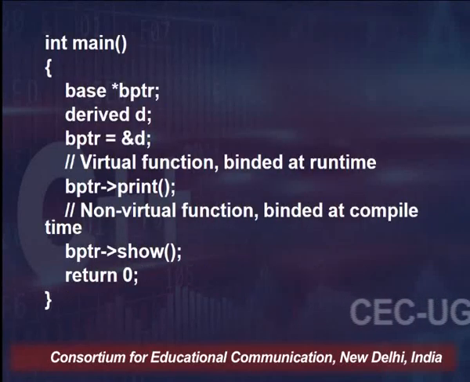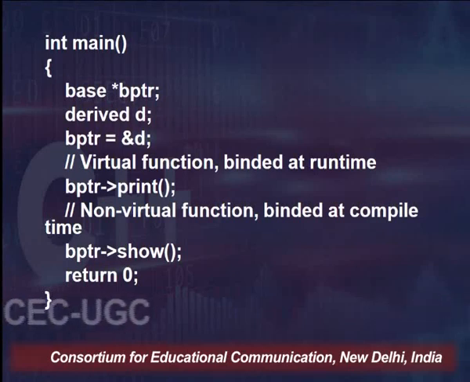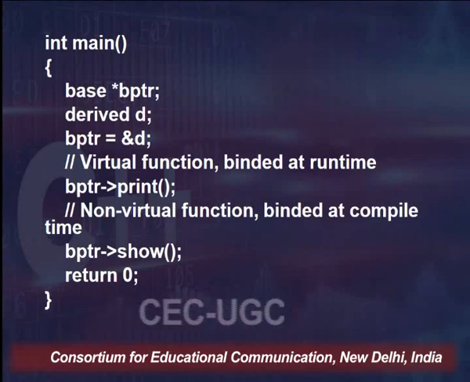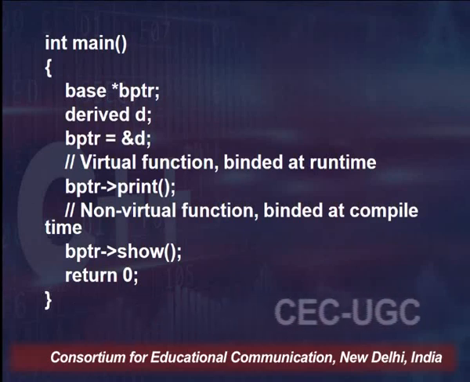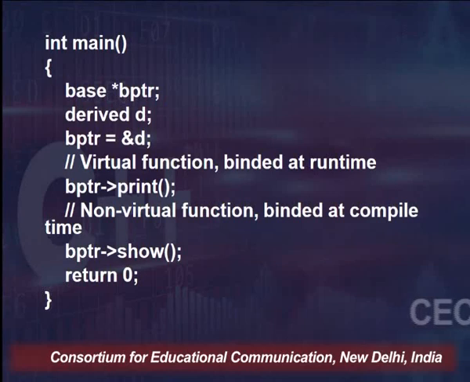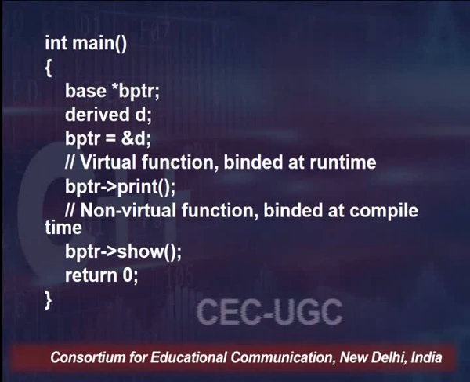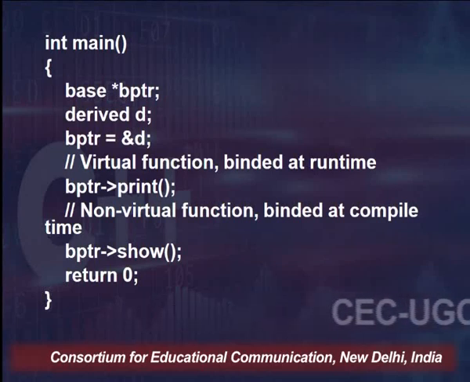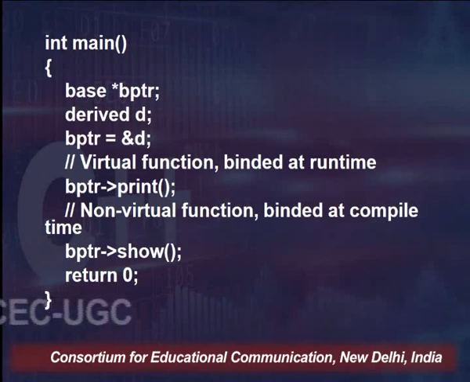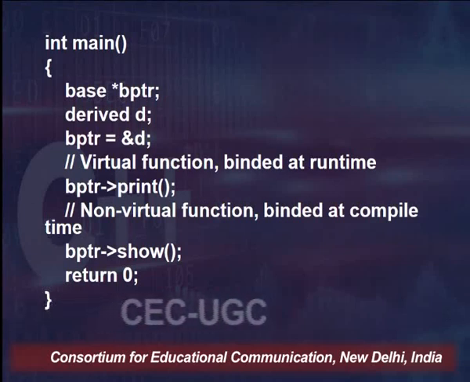What next? Within the main function, as you can see on the screen, we have one pointer to the base class, named bptr, that is a pointer to an object of the class base, and we also have one object of the derived class.